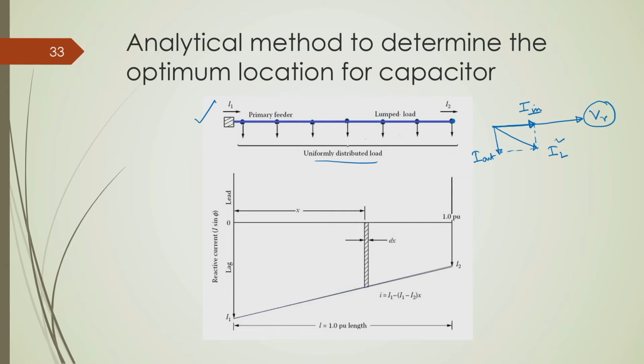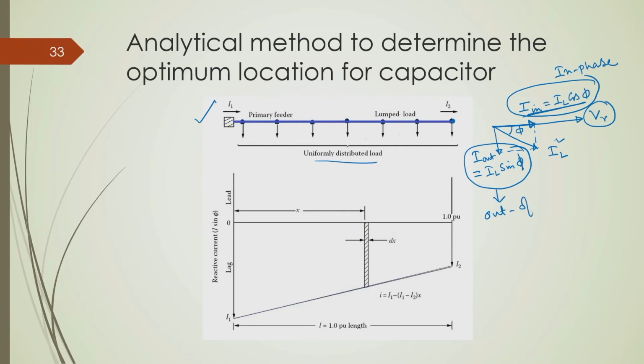Since loads are usually inductive in nature, the load current is lagging with respect to the voltage. If the phase angle of this current is phi, then I in equals I L cos phi, which is the in phase component, and I out equals I L sin phi, which is the quadrature or out of phase component.